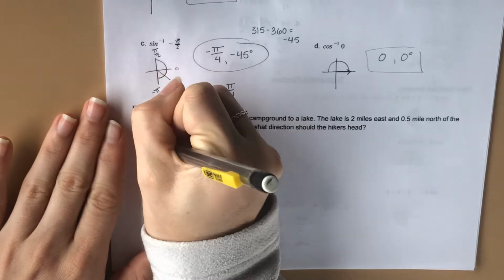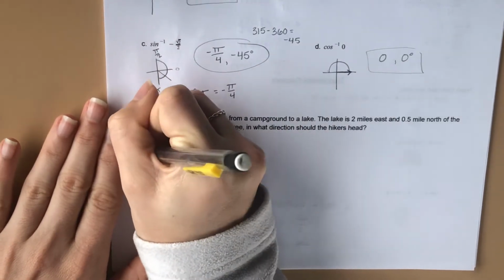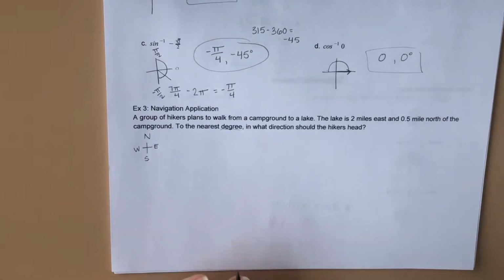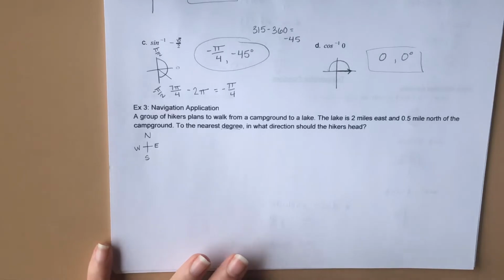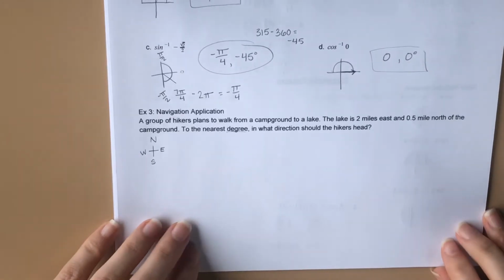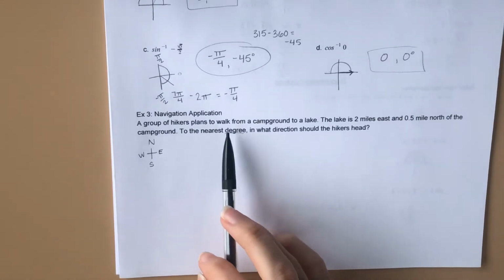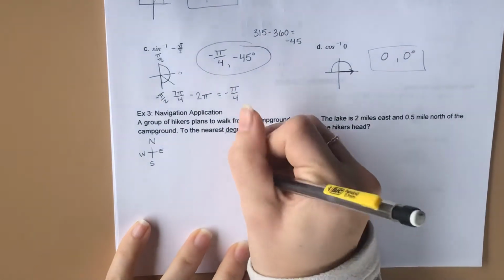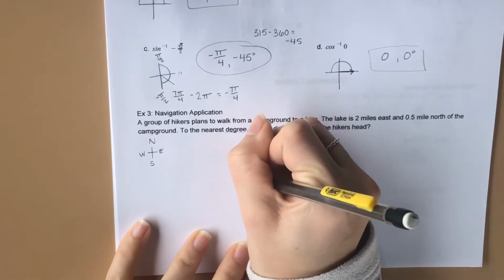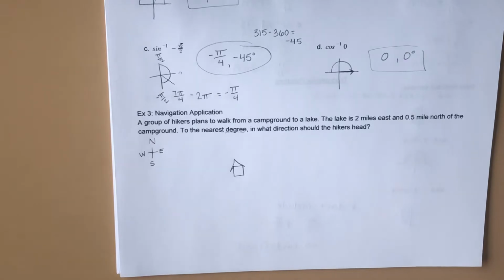First thing, I am hoping you guys know your directions. So north, east, south, and west. So what we're going to do, a group of hikers, we're going to have to draw a triangle. A group of hikers plan to walk from the campground to a lake. So here's my campground. The lake is 2 miles east of the campground.